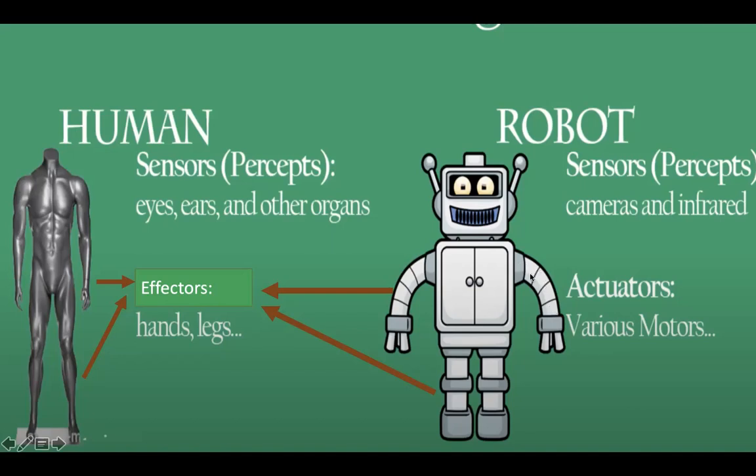So when the arm is moved, the arm itself is an effector. The hands, the legs, they are effectors. They are moved by the motion caused by actuators, which is following some code, which is taking instructions based on the input from the sensors. The same effectors in the human body would be hands and legs.